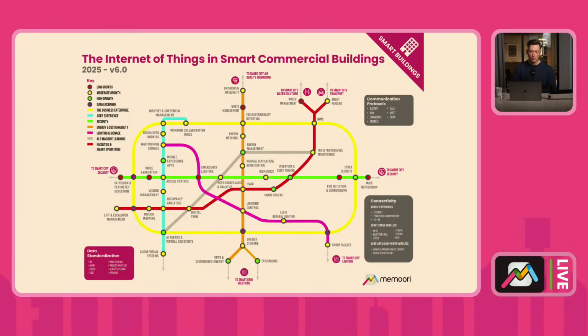If the energy management system can see and communicate with occupancy sensors, then they can understand where people are in the building and where energy can be saved. Just one small example.